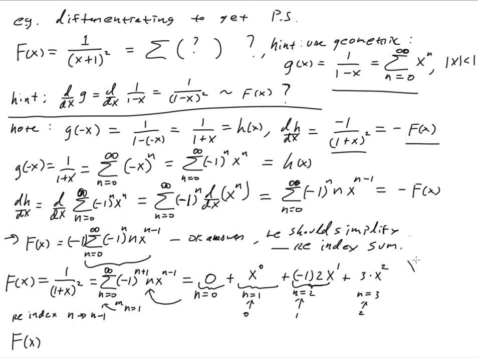What I want to note, though, I'm going to put a little asterisk here. Note that basically even powers are positive. Okay. So that should help us set this thing up.